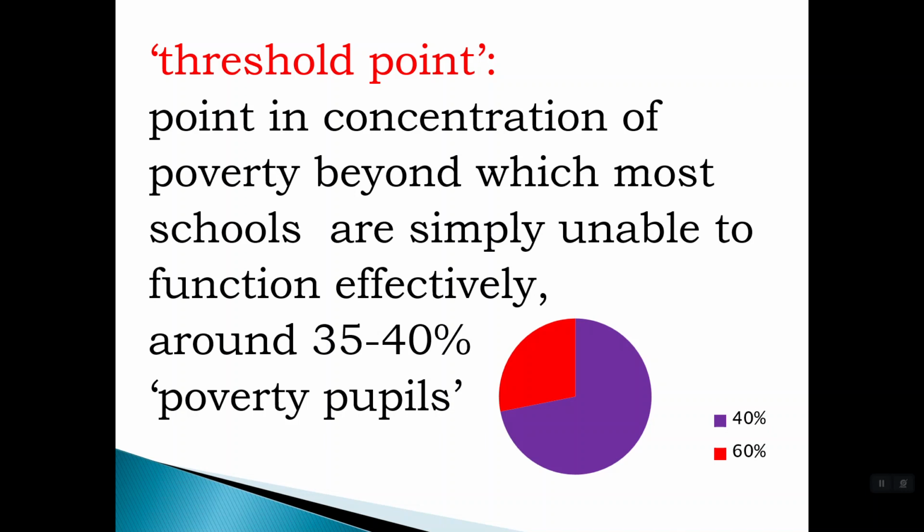It's theorized that there is a threshold point regarding urban poverty, referring to a point in concentration of poverty beyond which most schools are simply unable to function effectively in terms of educating students. Usually that's around 35 to 40% of the school population, if a school has 35 to 40% of pupils living at or below the poverty line.